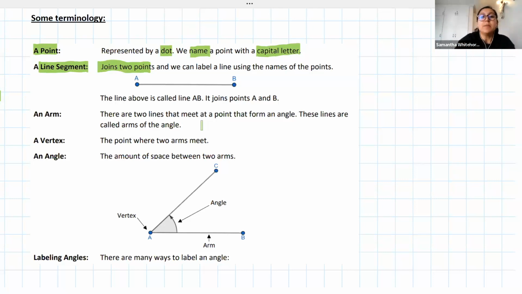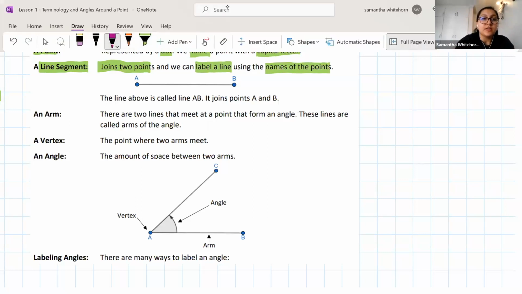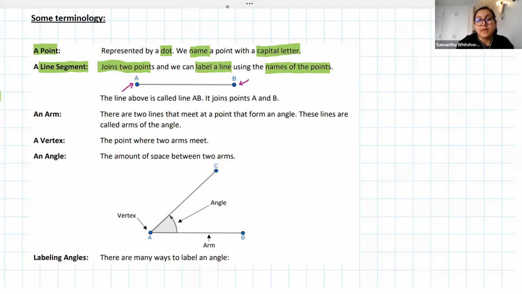Because we've got the points labeled, we can name the line using the names of the points. So if we look at this example here, I've got point A and point B. This line segment would then be labeled line AB. It is the line segment that joins A and B together.